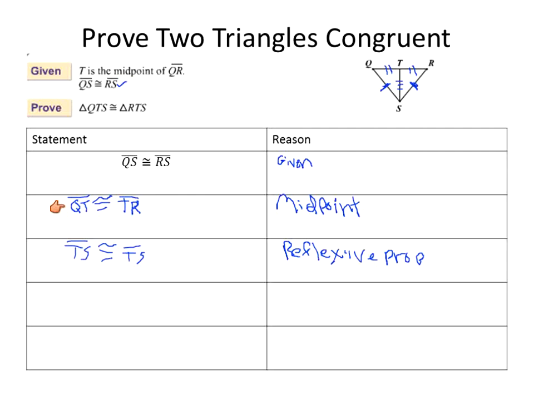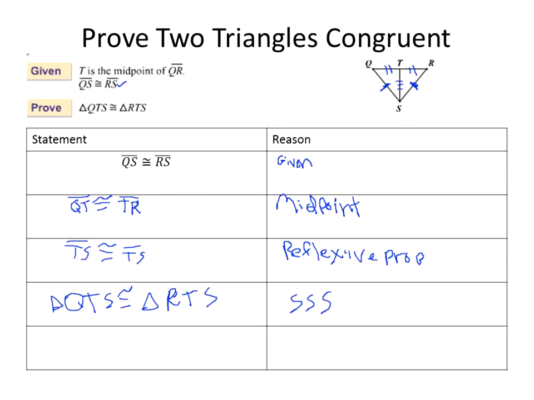And since we have one, two, three pairs of corresponding sides that are congruent, I can actually say now that these two triangles are congruent based on our little theorem that we got before, which was side, side, side. Or actually postulate, sorry.